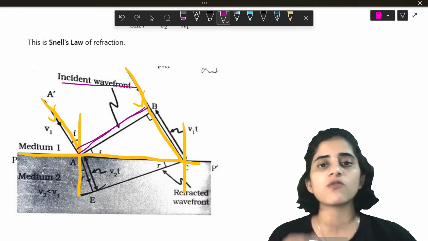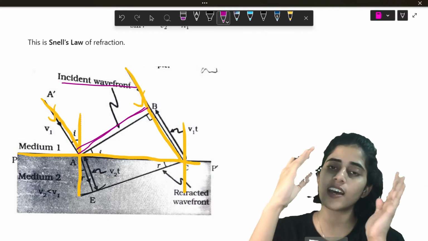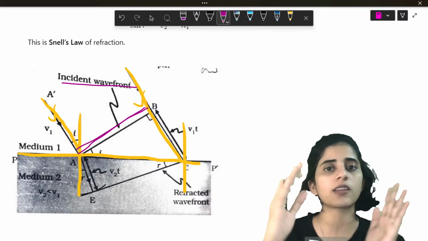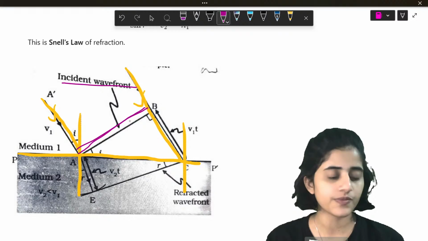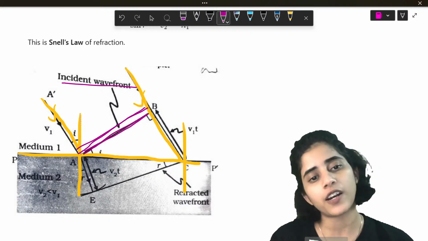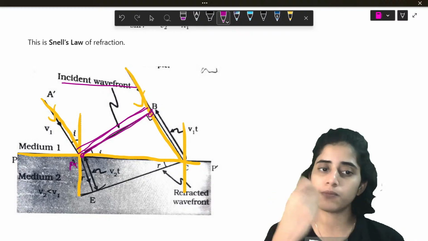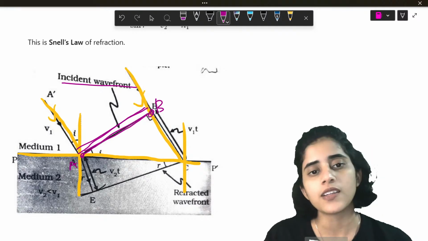What is wavefront? Wavefront is a group of waves, two waves that are at the same point. When you connect them, you get the wavefront. So you can see the wavefront reaches the medium at point A, but at point B, it still hasn't reached. So the wavefront is slanting.